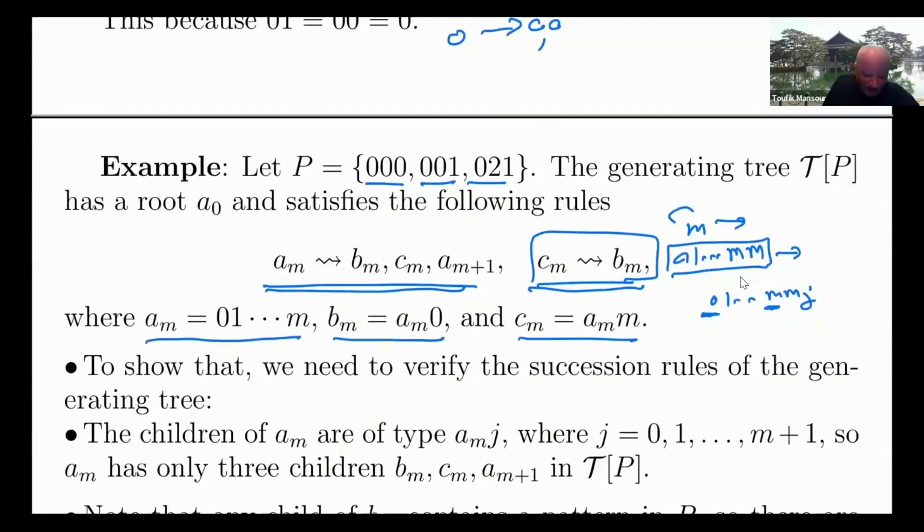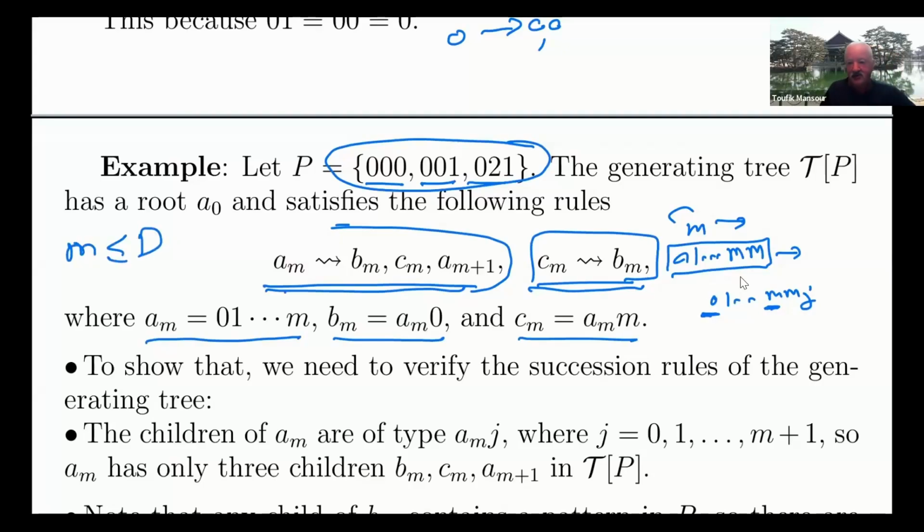But for this tree, for example, here I have many rules. So that means infinite rules, that means the tree is not finite. So I want to consider, remember, these rules, I get them for m at most d. Then I prove that for any n.